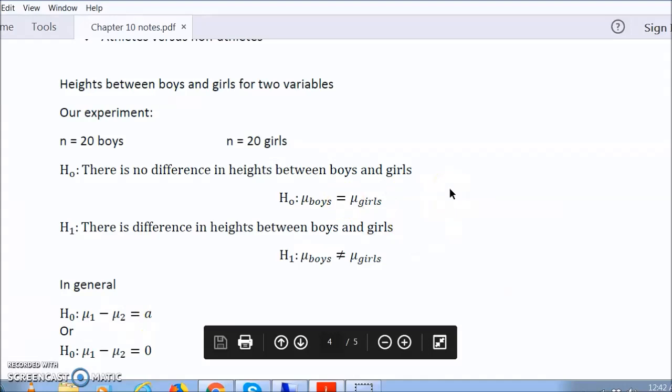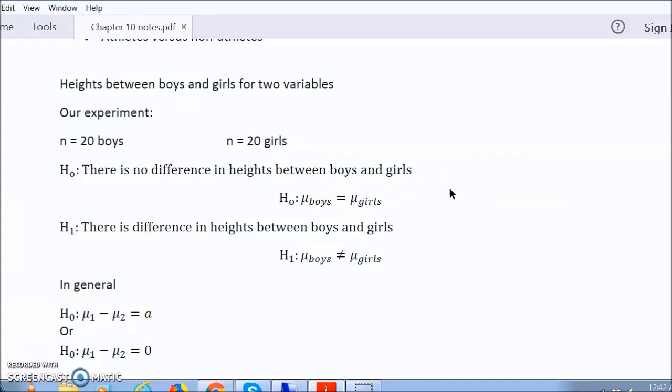In that case, I will revisit the fact that the null hypothesis is still a pinpoint value because of the variance. But right now, if we look at the 2 variables, we say the mean of boys equals the mean of girls is my null hypothesis, and not equal is my alternate hypothesis.